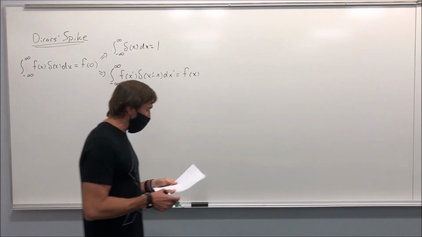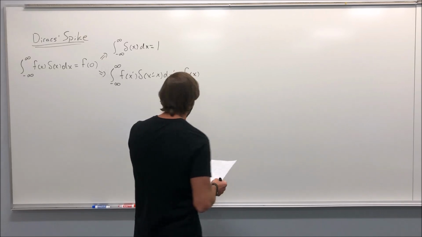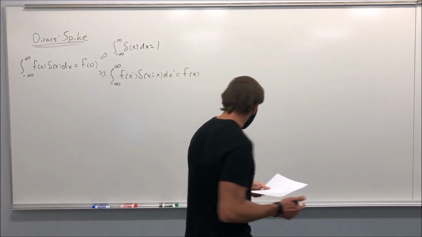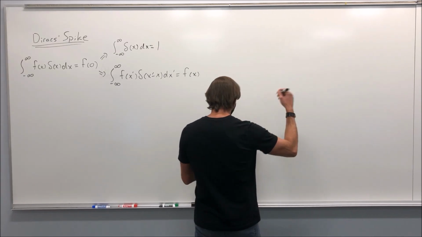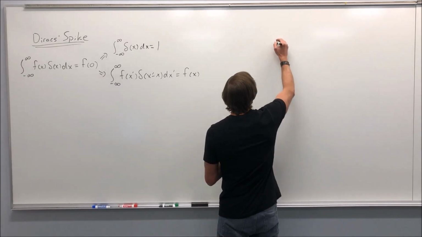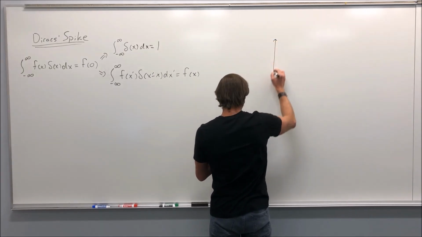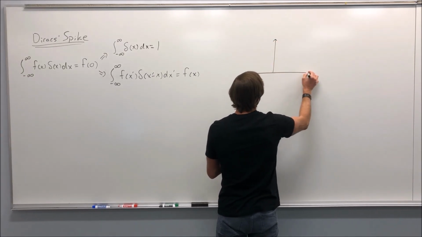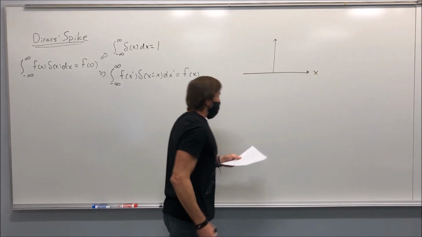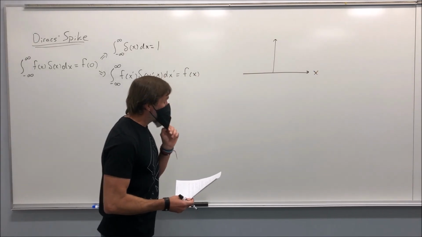So first of all, let me give you an idea of what the Dirac function would look like if you tried to graph it. And again, I'm going to start out with something in the way of a review, and then we'll turn into a story of the Dirac function with which some of you might not be that familiar. Okay, so we're going to talk about functions of x.